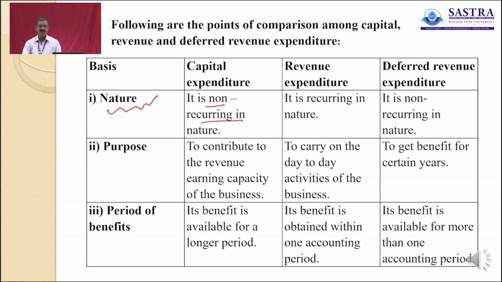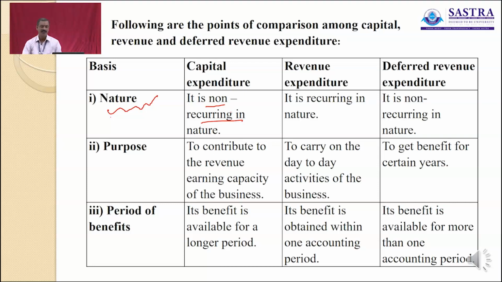The nature of revenue expenditure is recurring in nature. Whereas the nature of deferred revenue expenditure is non-recurring in nature. Come to the purpose. The purpose is another point to compare all these expenditures.